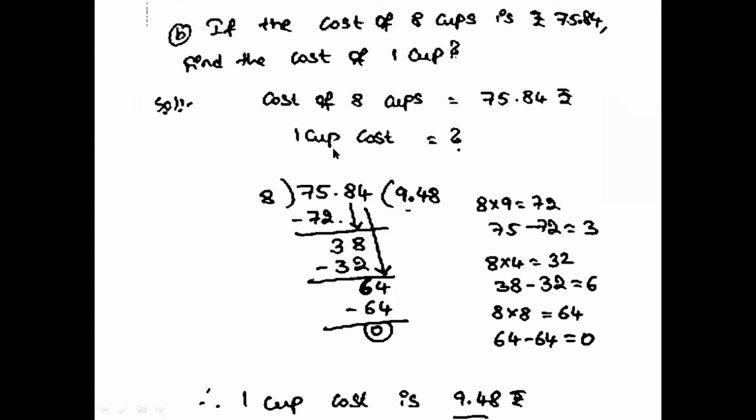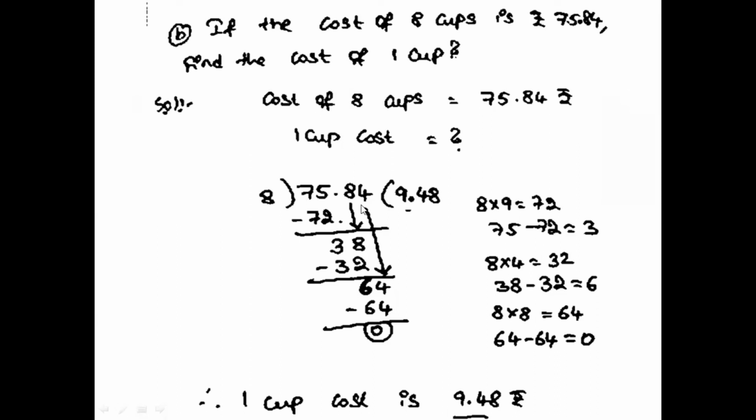How much does 1 cup cost? We have to find. See here, 8 nines are 72. 75 minus 72, the difference is 3. After that we have a decimal point. In the quotient also we have to keep the decimal point.